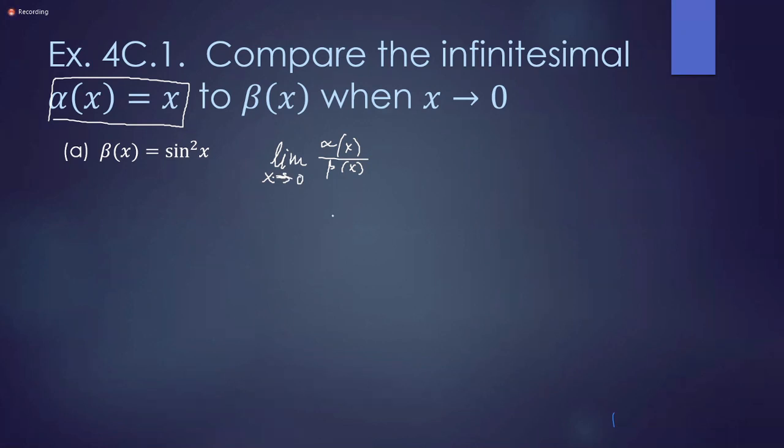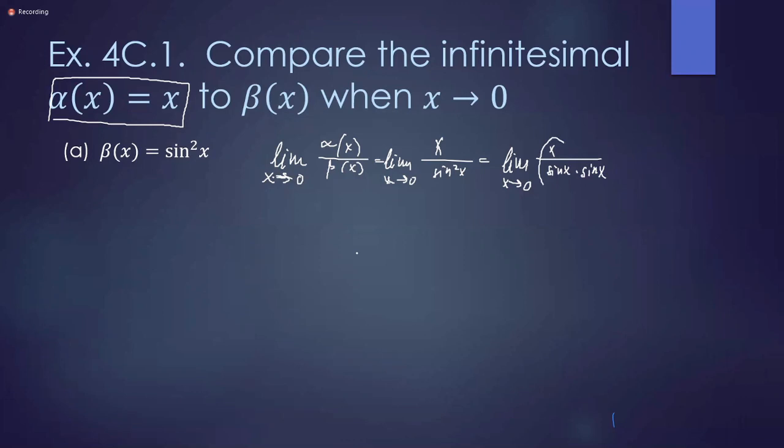So this will be the limit when x tends to 0 of alpha, which is x, and beta, which is sine square of x. We have the limit as x tends to 0 of x divided by sine x times sine x. This part tends to 1, not 0, but 1. And we have the limit of 1 divided by sine x.